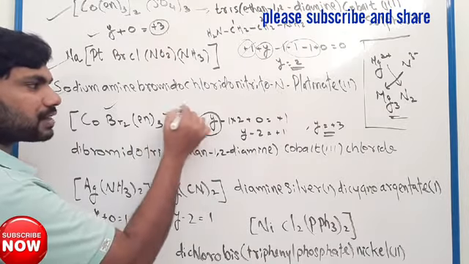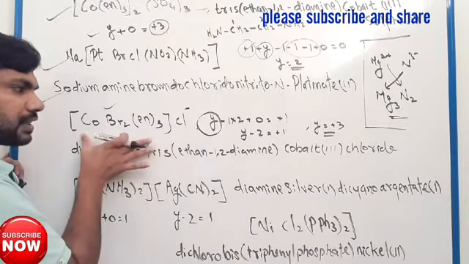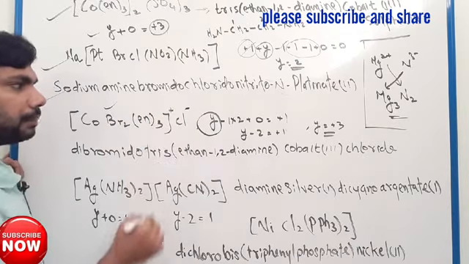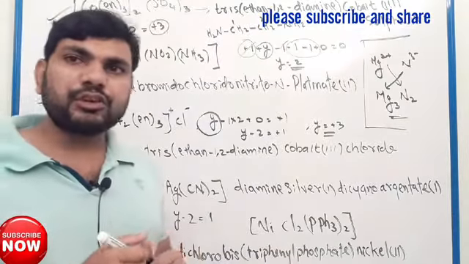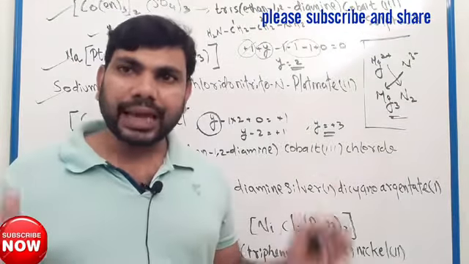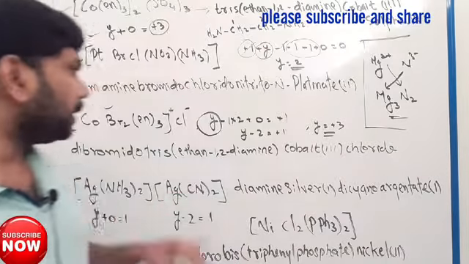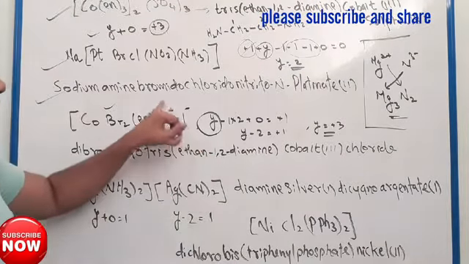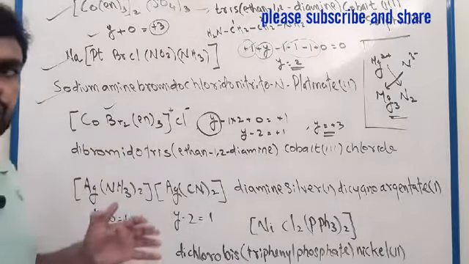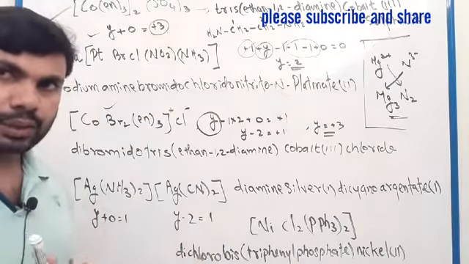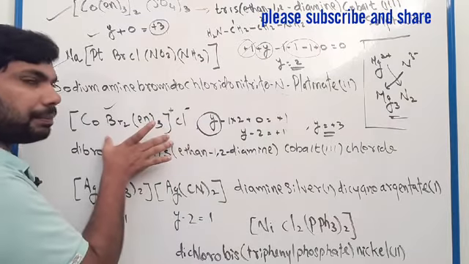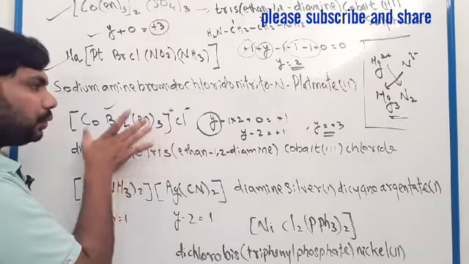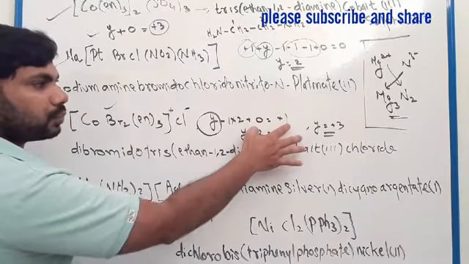Chlorine is minus 1, and this part will be plus 1, because I told you before, the positive part and negative part always cancel each other. So this coordination entity is always plus 1. So you have to say equal to plus 1.